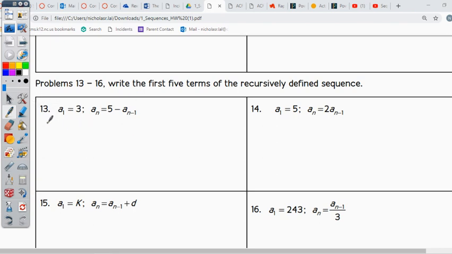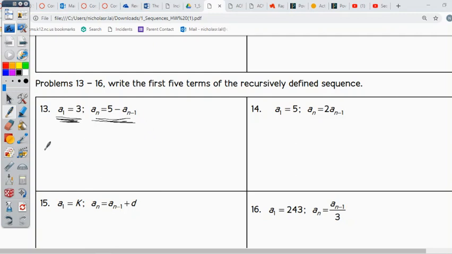All right. For problems 13 through 16, write the first 5 terms of the recursively defined sequence. So now we're talking about each term in reference to its previous term. For 13, it's saying the first term is 3, and that each term is 5 minus the term before it.